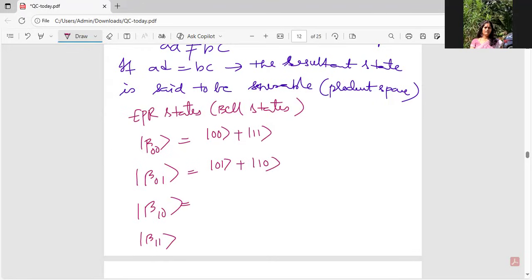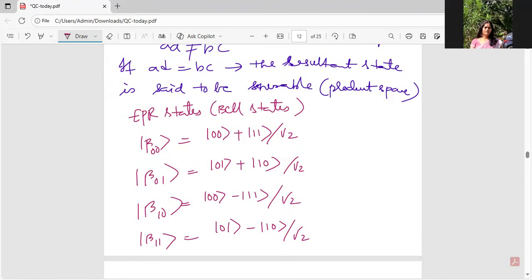And here it is 0 0, 1 1. And here it is 0 1 minus 1 0. Of course, there is a 1 by root 2 for all the terms. Also for your Hadamard gate, there is a 1 by root 2, guys. Now you ought to check whether the states are entangled or not, guys. How do you check? Using the condition, I'll be checking.